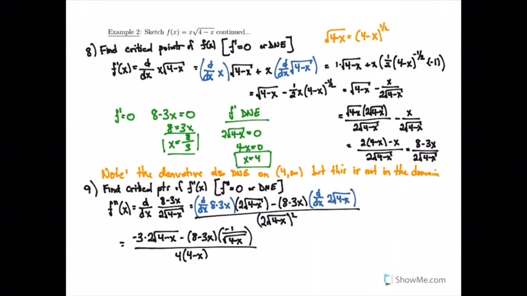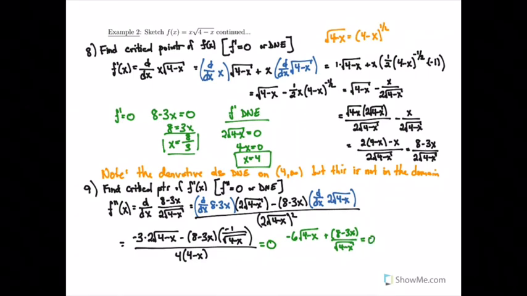I want to find when this is equal to 0. So to do that, I am not going to worry about the denominator. That's just going to give me a -6 square root of 4 minus x, minus this, plus this (8 minus 3x) over square root of 4 minus x, equal to 0.